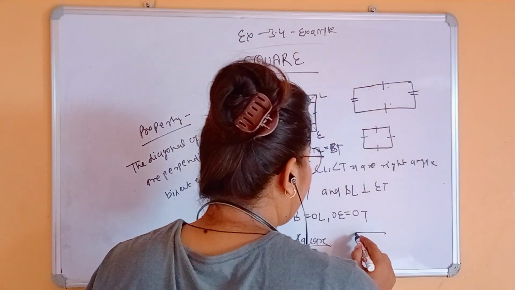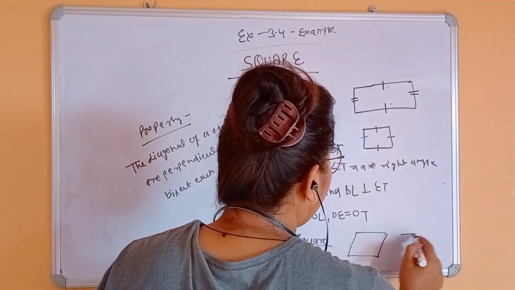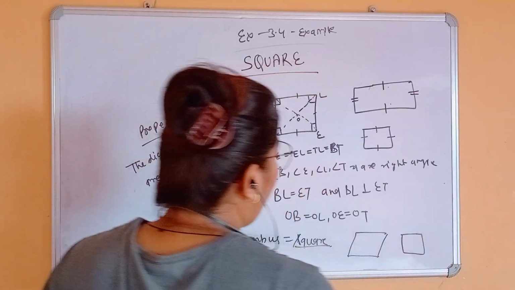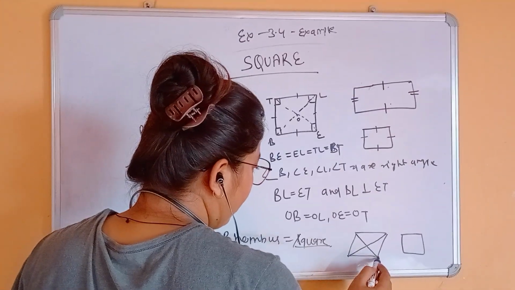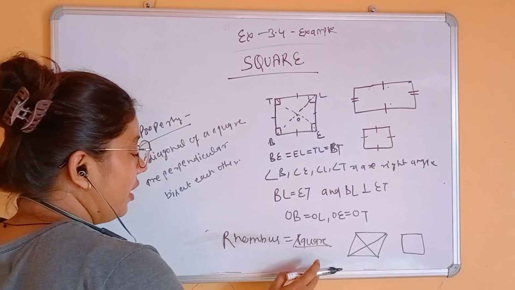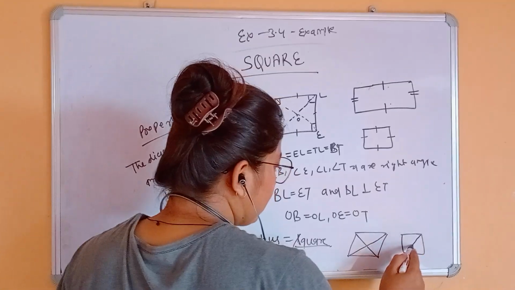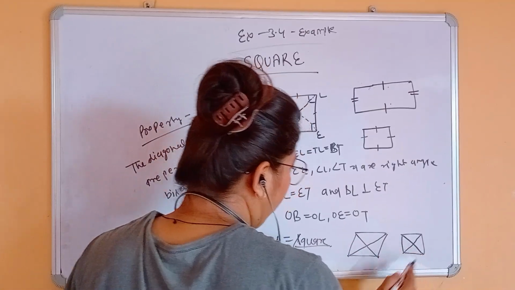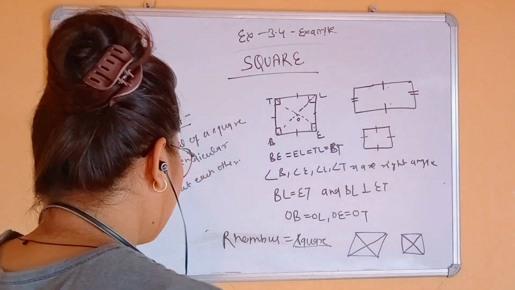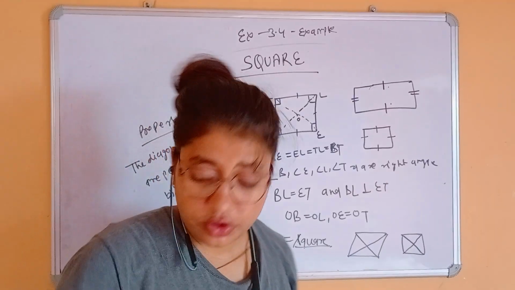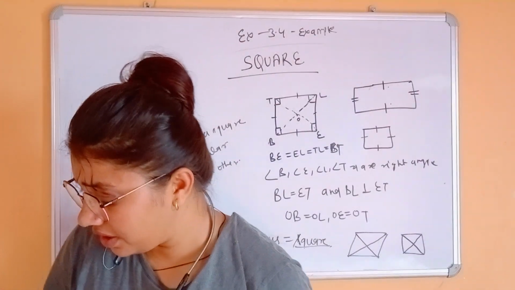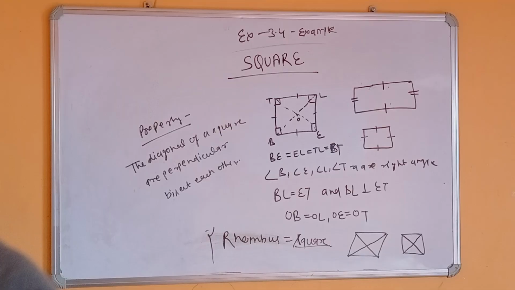In a rhombus there are also four equal sides, and in a square also four sides are equal. The only extra point is that in a rhombus the diagonals are not equal to one another, because they do not bisect at 90 degrees. In the square there are 90 degrees, so the diagonals are equal. Same as the difference between parallelogram and rectangle. We will discuss this one by one in the exercise. First understand it in an example.